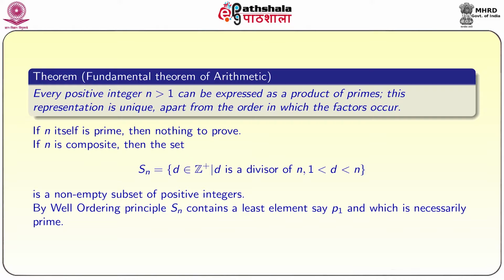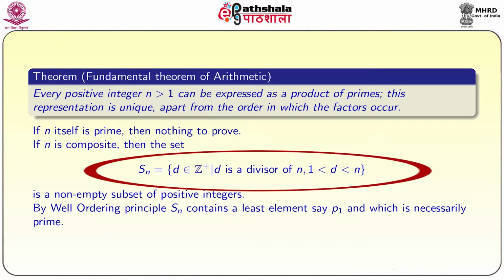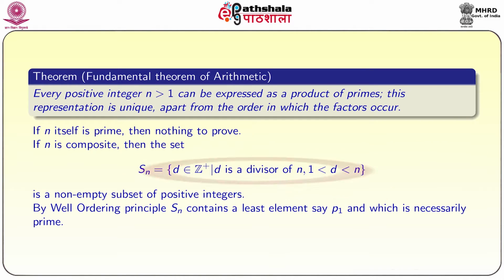If n itself is prime, then we are done, nothing to prove, as n is expressed as n = n into 1. If n is composite, then we define a set Sn = {d belongs to Z+, that is, d is a positive integer, and d is a divisor of n, and d lies strictly between 1 and n}.